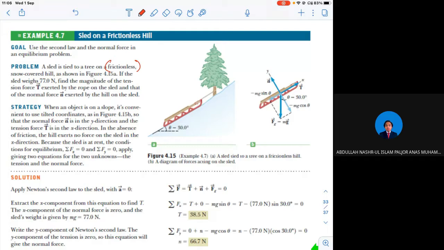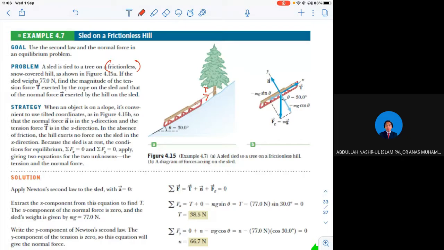By looking at the situation, the sled is not moving because it was tied to a tree. So that means the tree is very firm, and we can write down that this sled should have a tension to that tree. Then our job is to find the tension and also the normal force.